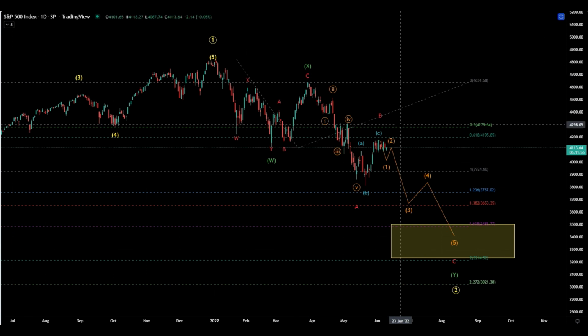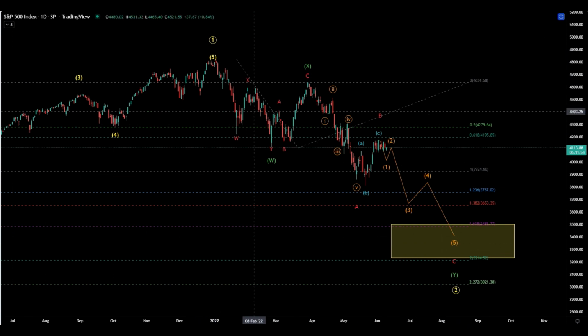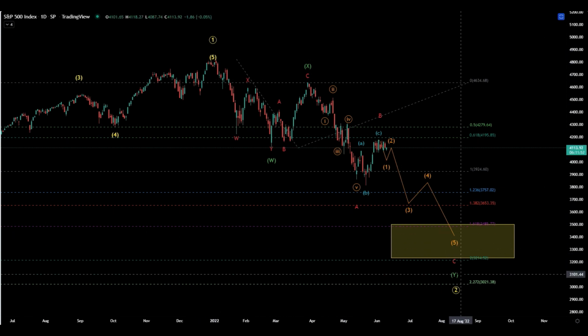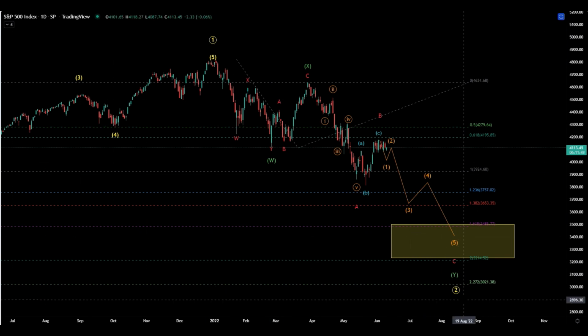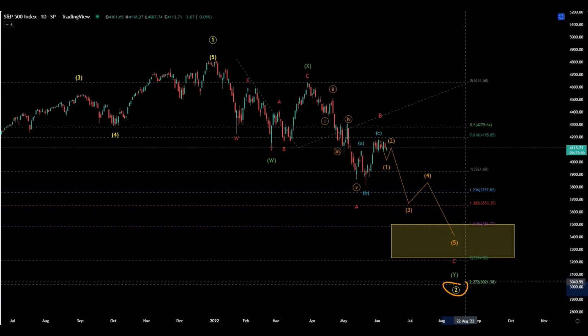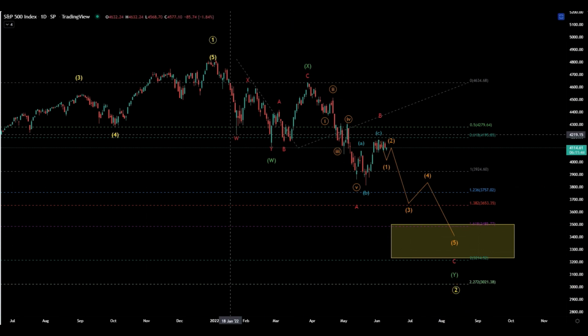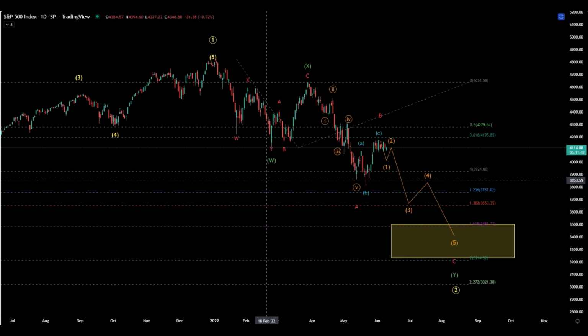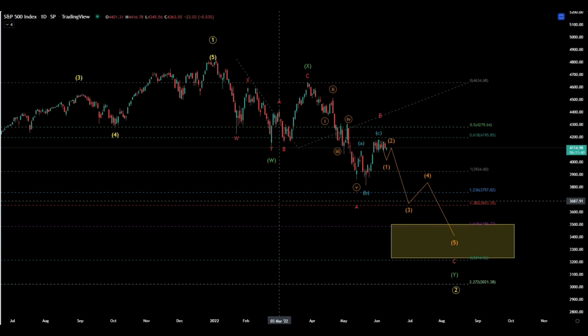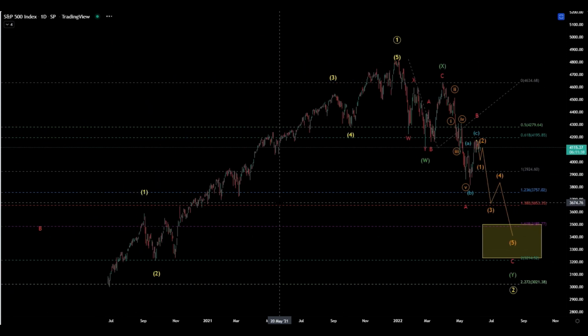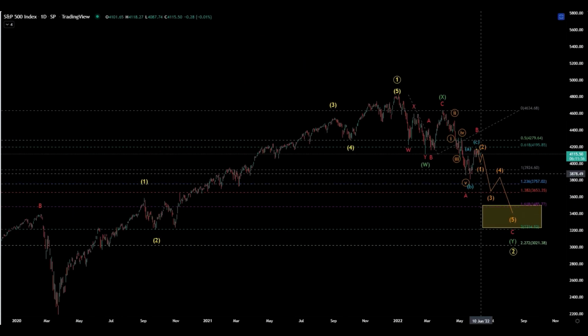Okay, A, B, C to finish a W, X, Y double zigzag to complete a wave 2 of primary degree, or at least what I think is primary degree. Doesn't really matter right now, the degree, but that's how I have it labeled.